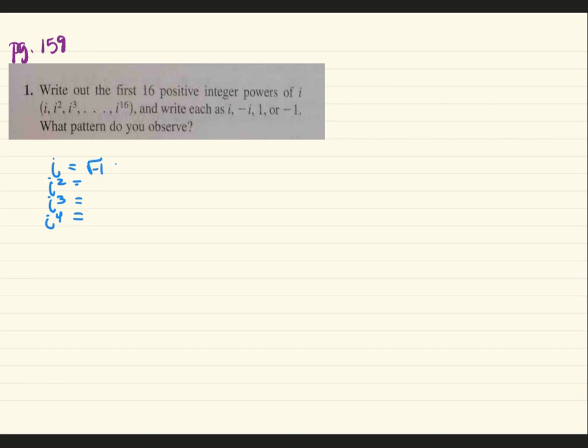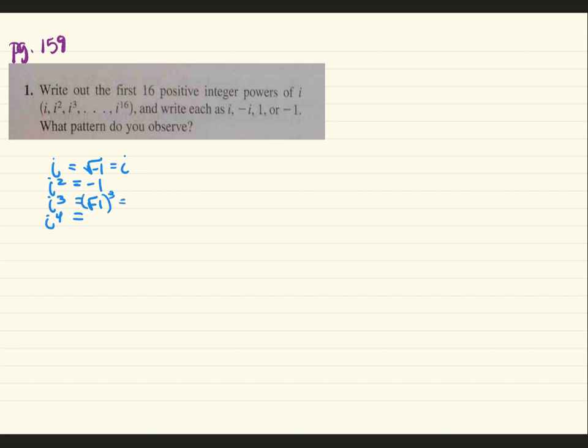We just write that as I most of the time. Then I squared we did earlier. Whenever you square a radical, they cancel out, and you're left with a radicand. So that's just -1. Now, if we go to cube it, you're actually going to say I cubed is the same thing as the square root of -1 cubed.